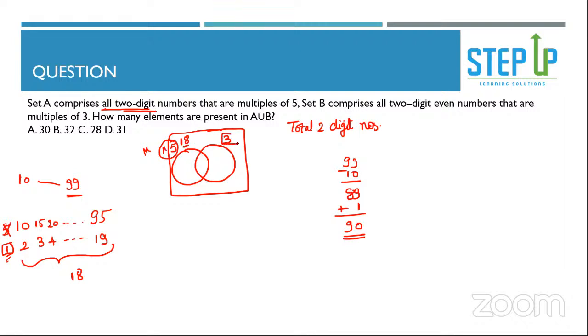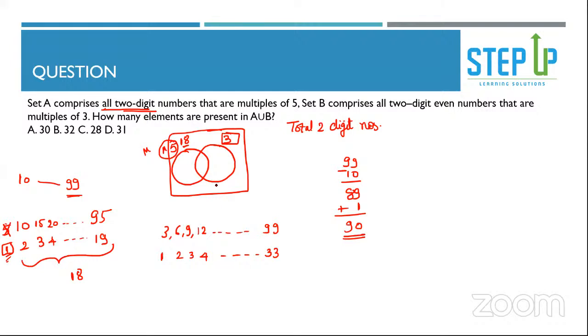Now, similarly, can you tell me multiples of 3? 3, 6, 9, 12, and so on up to 99. So that's 1, 2, 3, 4, and so on up to 33.